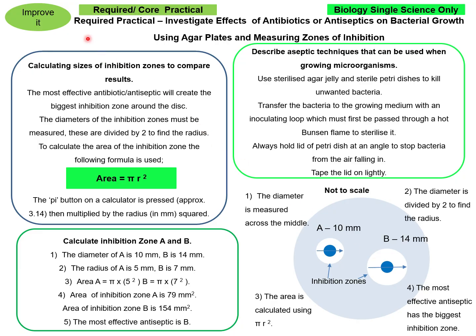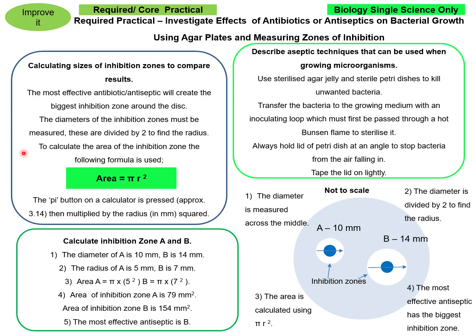Okay, so looking at the model answers, improve it in colour for anything that you didn't have in there already. So the most effective antibiotic or antiseptic will create the biggest inhibition zone around the disc. The diameters of the inhibition zones must be measured. These are divided by 2 to find the radius. So a little bit of maths skills here.